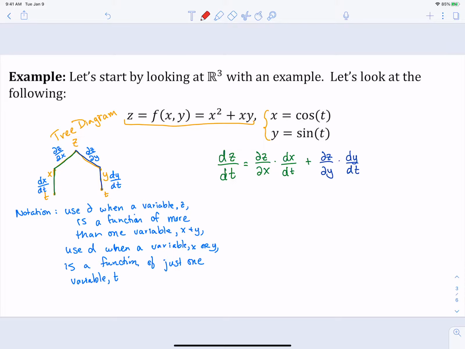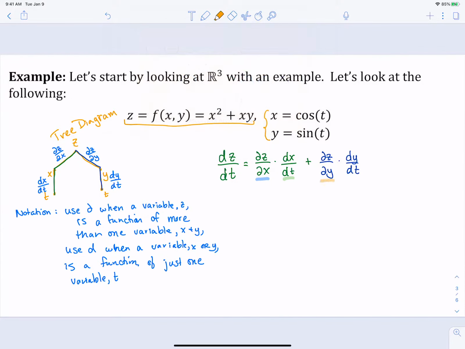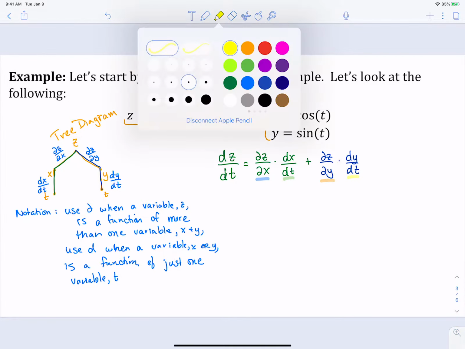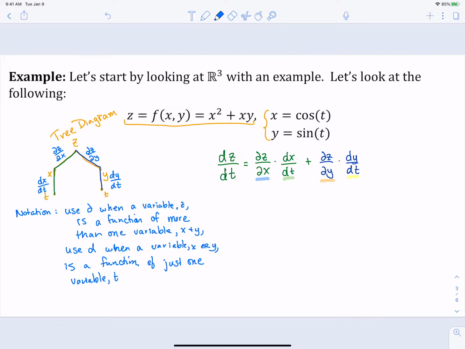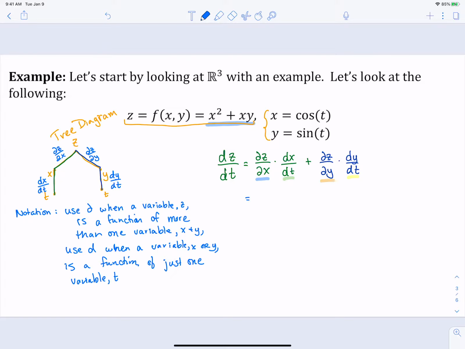So each of these little individual derivatives, all of these we know how to find. And that's really what we have to put together. So we'll go back to this first blue one, the partial of z with respect to x. That's looking at this function right here, and it's asking for our partial derivative with respect to x.